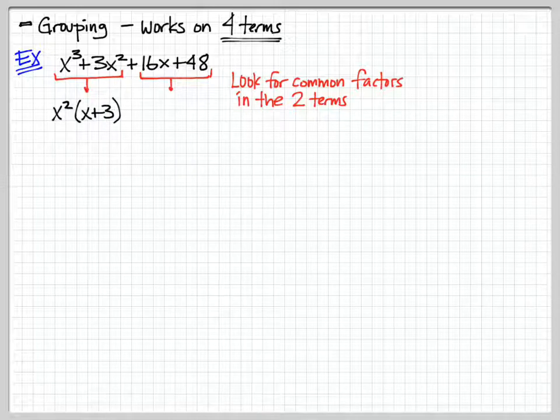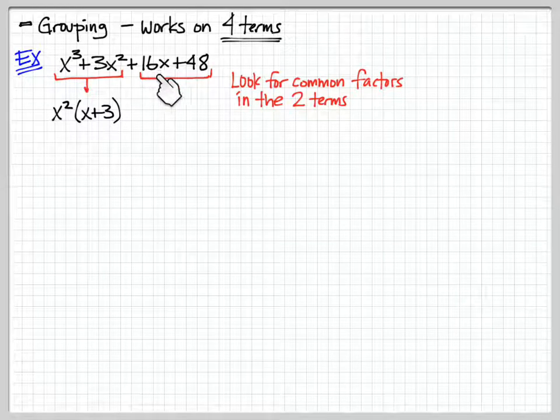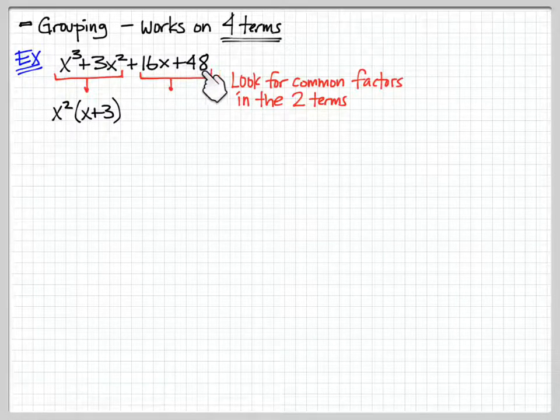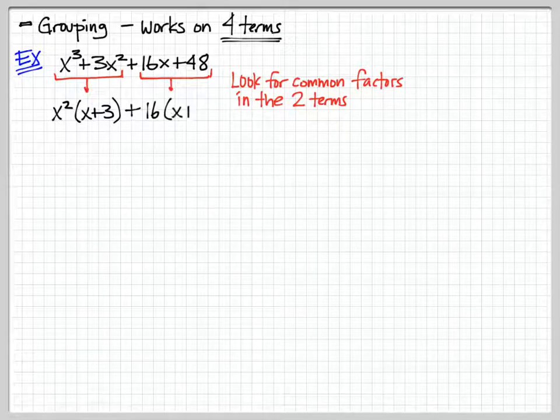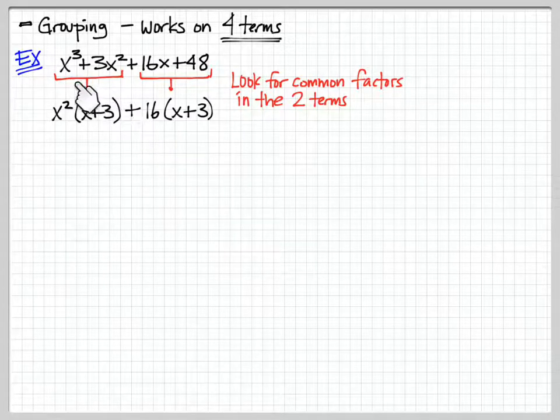Let's factor it out. In this next term here, we look for common factors again. And in this case, we have a 16, which is a common factor because 48 divided by 16 is 3. So we can write this out like this, where we factored out the 16. So we took the first pair, factored out the x squared.